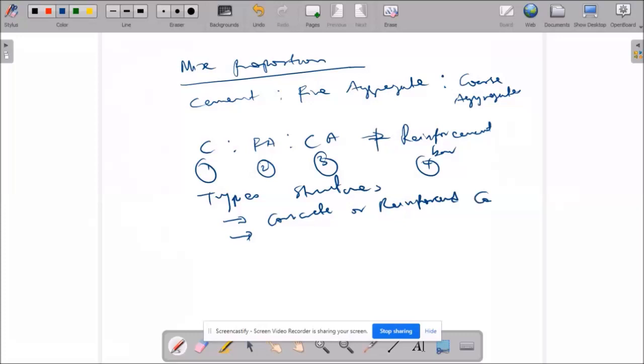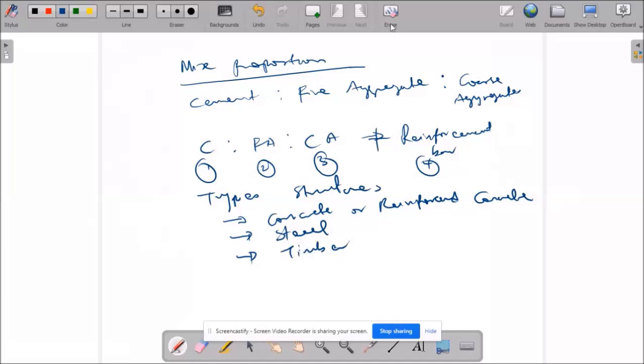Two, we consider steel; we design structures in steel. And three, we talk about timber; we design structures in timber.